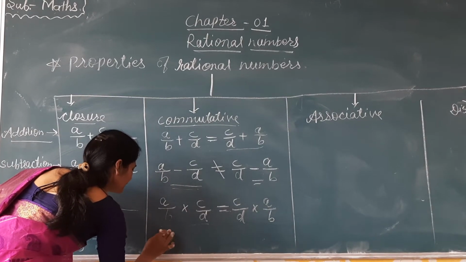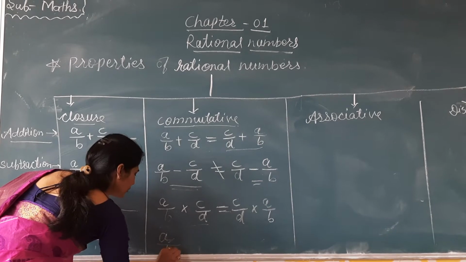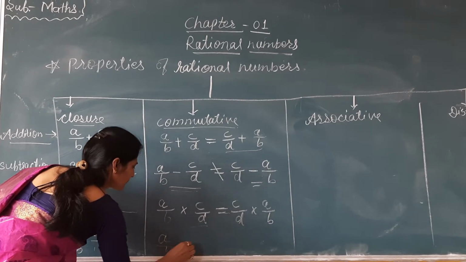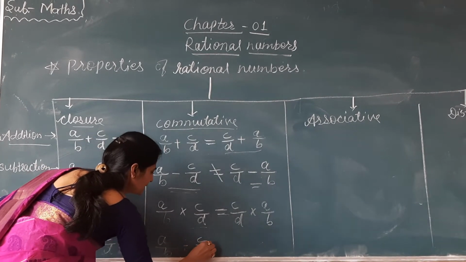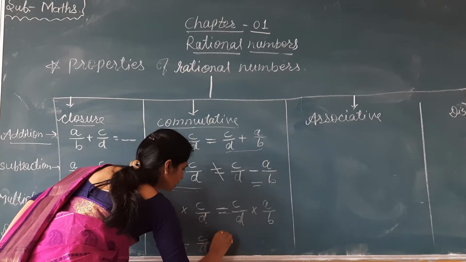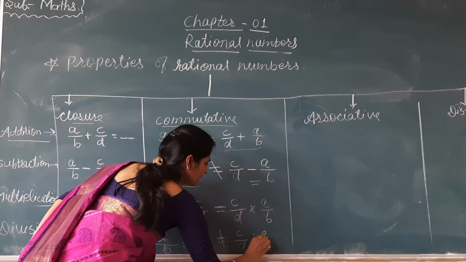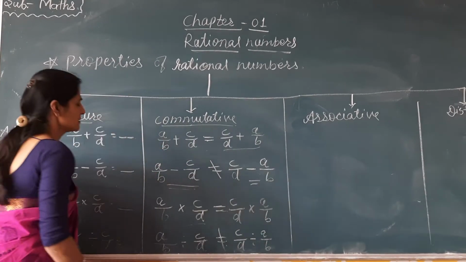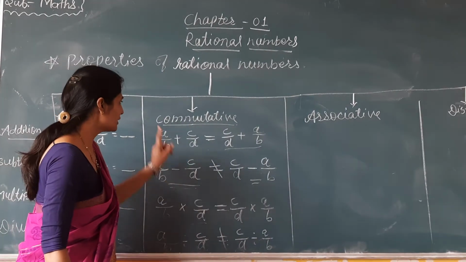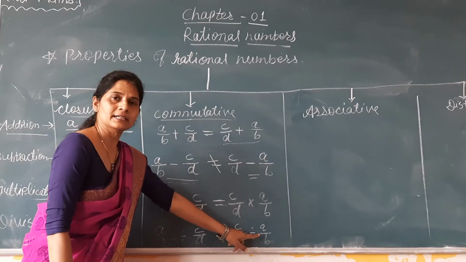And A upon B divided by C upon D is not equal to C upon D divided by A upon B. Rational numbers are not commutative under division.